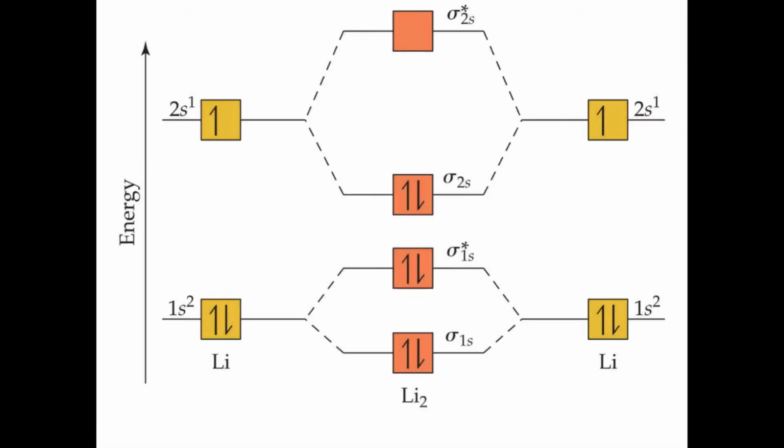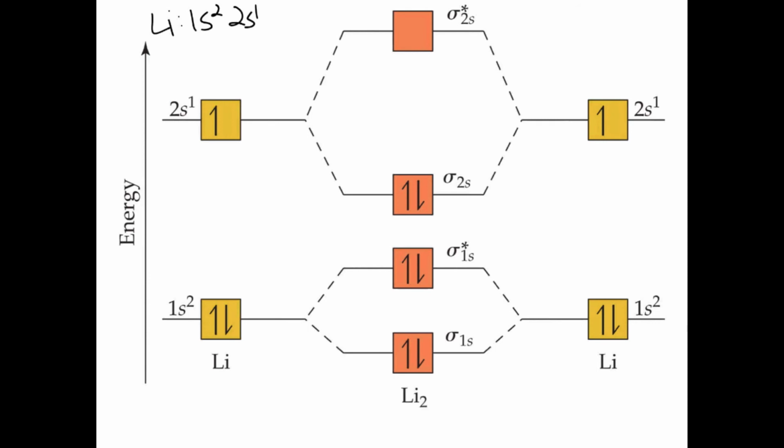Now we can continue to play this game on up the periodic table. For example, lithium with a configuration of 1s2, 2s1, as is indicated here on my diagram. If I bring 2 lithium atoms together, I'm indicating one of them here on the right, the other here on the left.